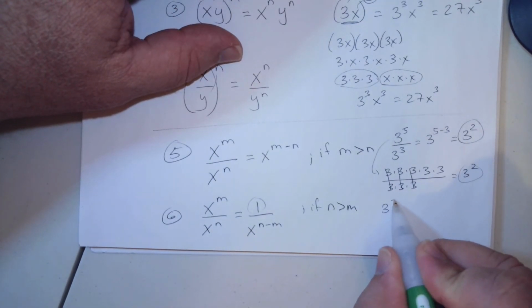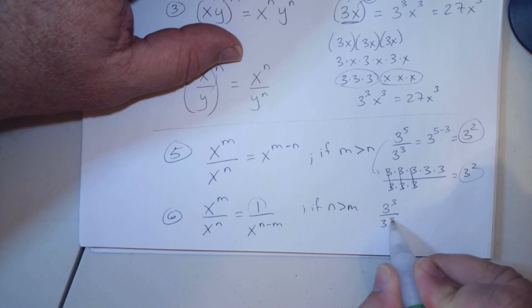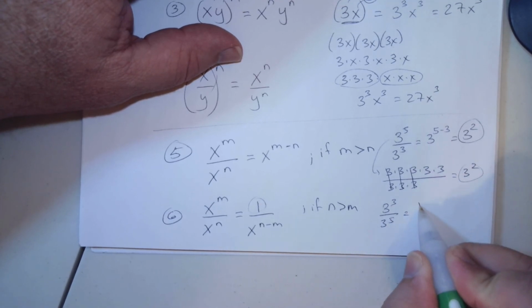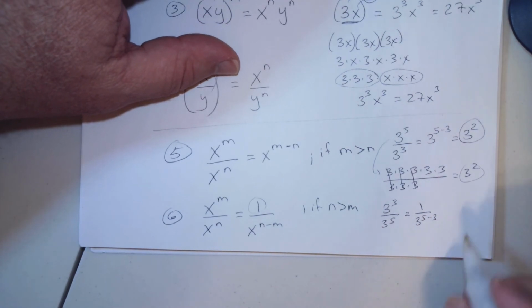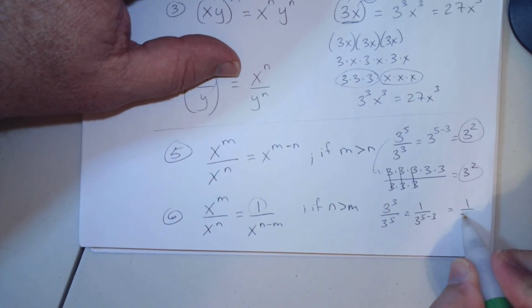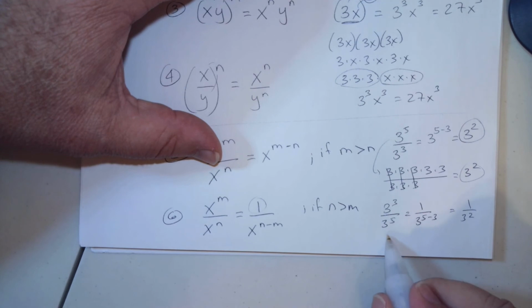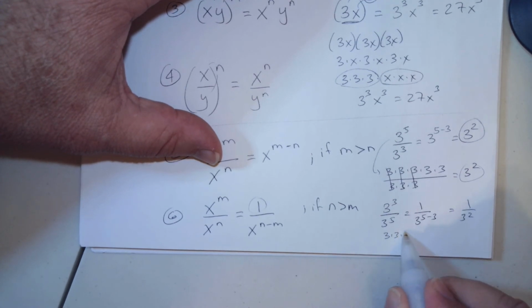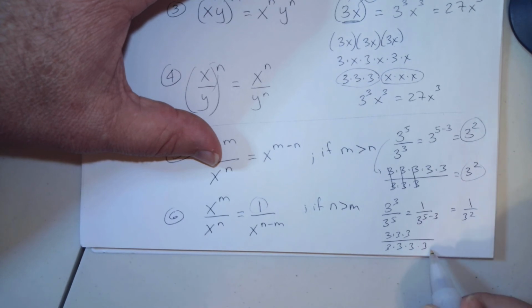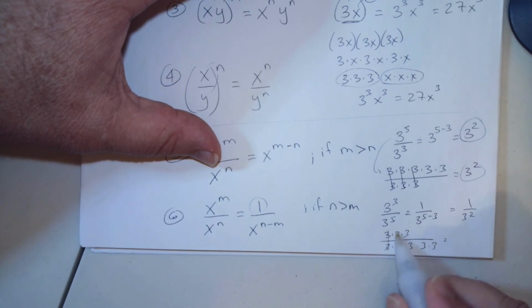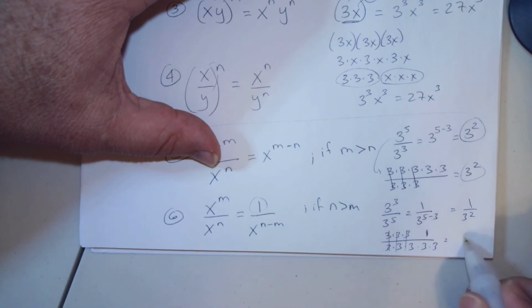So 3 to the power 3 over 3 to the fifth, 1 over 3 to the 5 minus 3. 1 over 3 squared. 3 times 3 times 3 over 3 times 3 times 3 times 3 times 3. Bang, bang, bang. There's a 1 there.